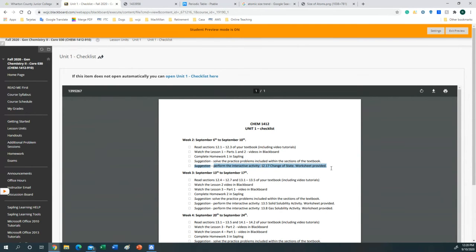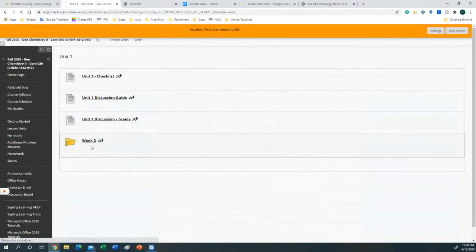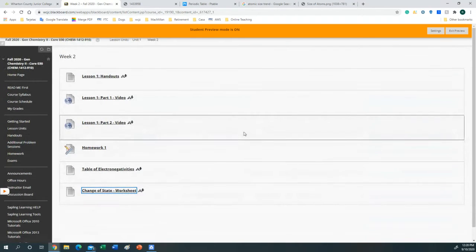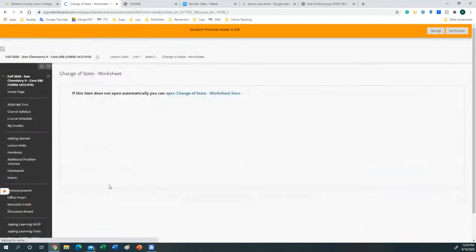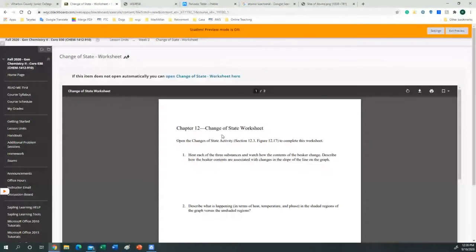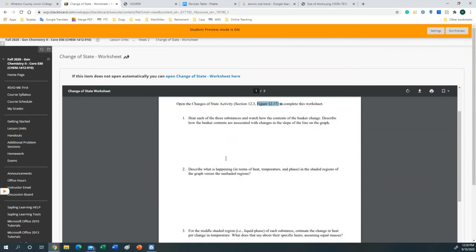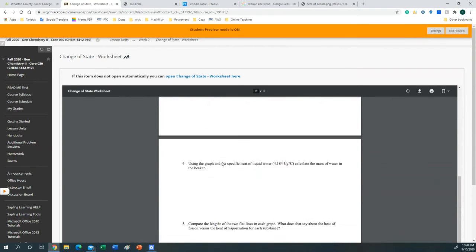So that worksheet is what I just showed you in the week poll, right? Let me just show you, it takes 2 seconds. If you click in here, you're going to get the worksheet that you need, along with the figure. This is like the guide to complete that interactive, okay?